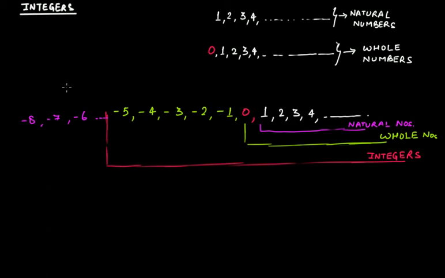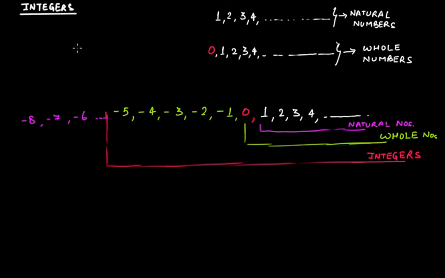So for a moment just forget this one, because we are going to discuss this particular thing on the number line, and we will discuss how to represent negative numbers, positive numbers and 0 on the number line in the next video. This video is all about integers, to introduce you to what actually integers are.